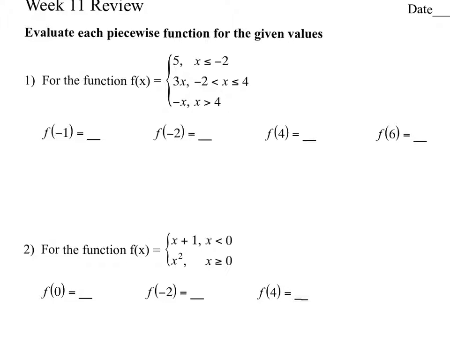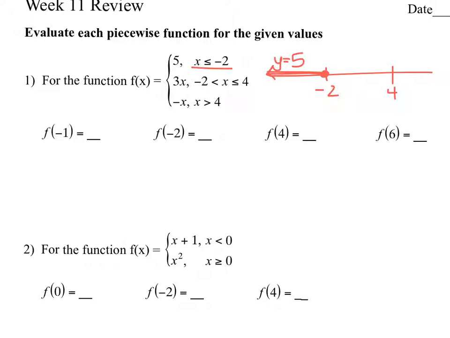So if we think about that, I'm going to go ahead and draw myself just a little number line here for a domain. So x is less than or equal to -2. So if I draw my number line here, -2 and 4, less than or equal to, that's going to be closed and to the right. And the equation that applies for that section is 5, or y equals 5.